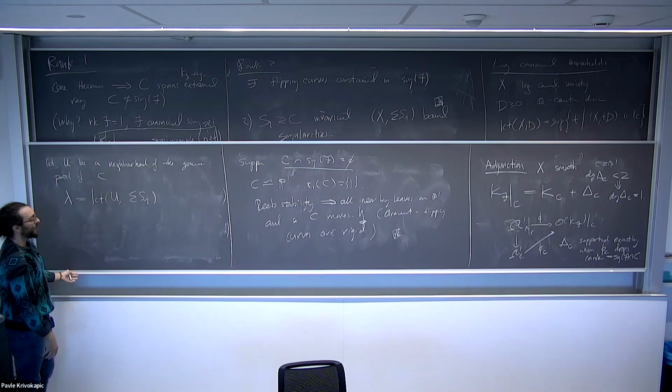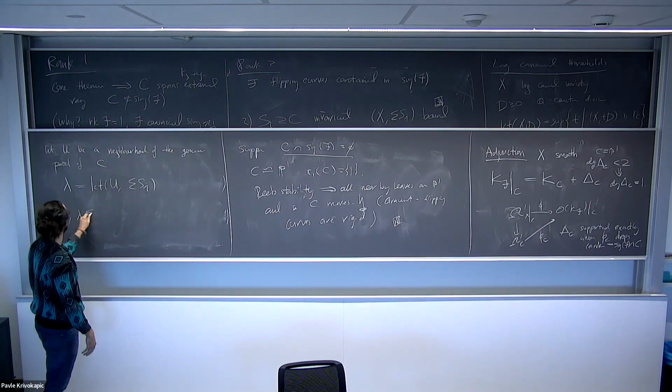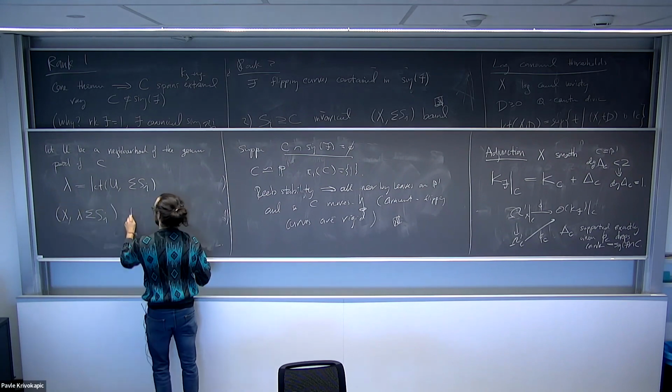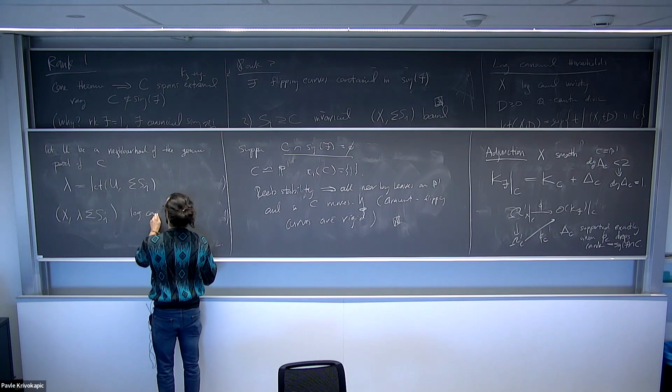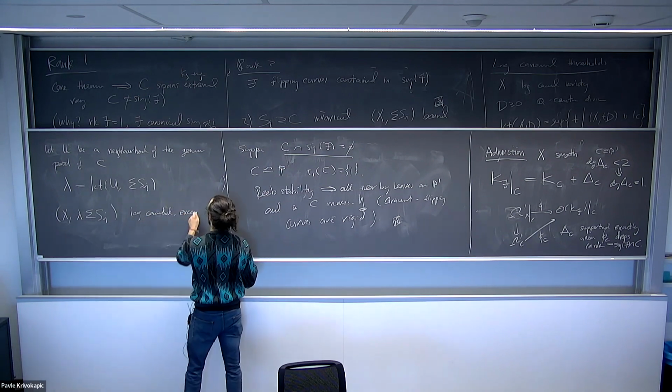And so what we see then is that the pair X, lambda times the sum of the S_i, is log canonical except at finitely many points.